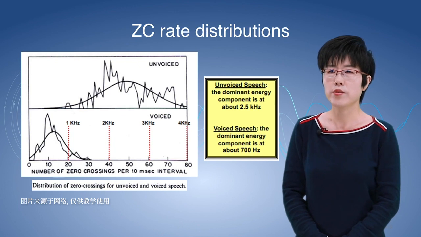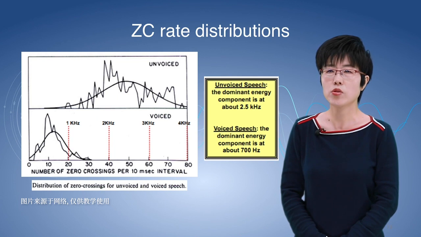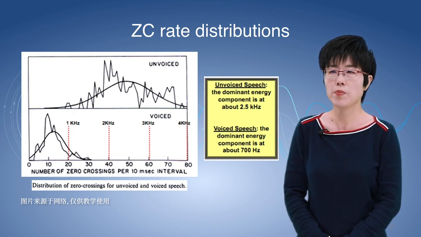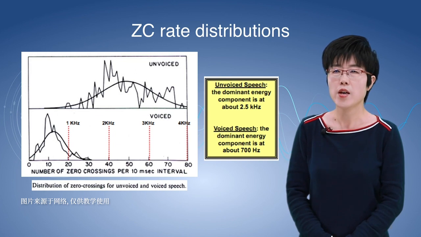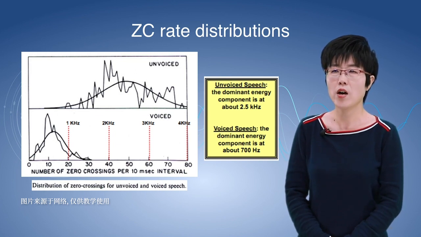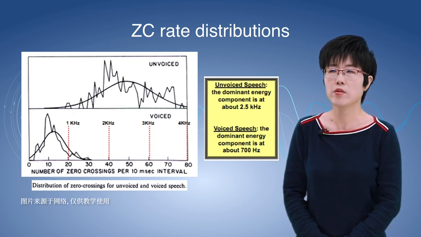In most cases, the energy of voiced sound is concentrated in the lower frequency band and hence has a lower zero crossing rate, while the energy of unvoiced sounds is concentrated in the higher frequency band and hence has a higher zero crossing rate.